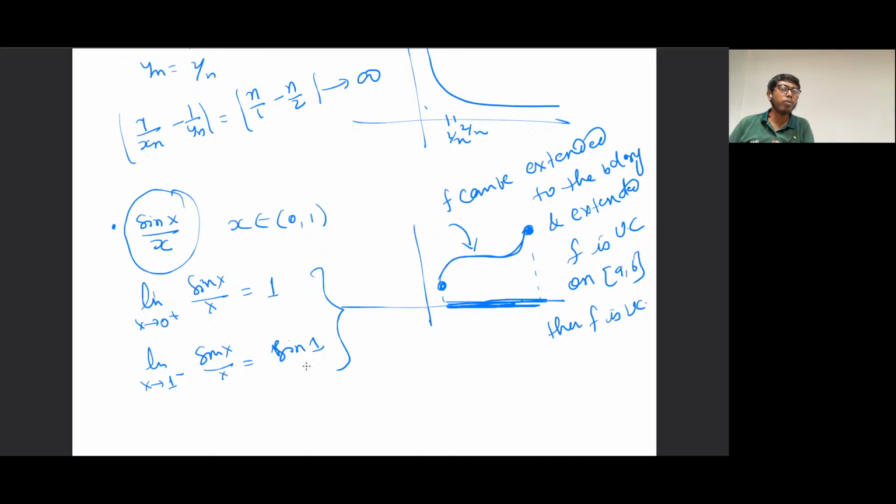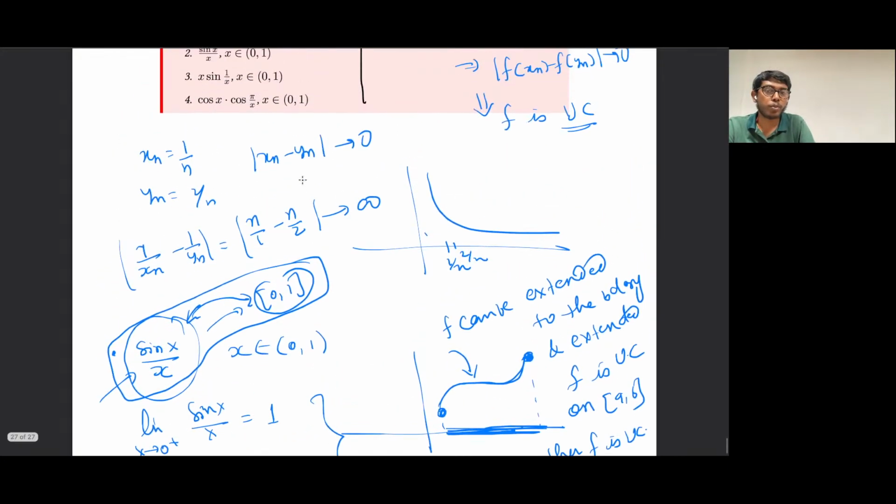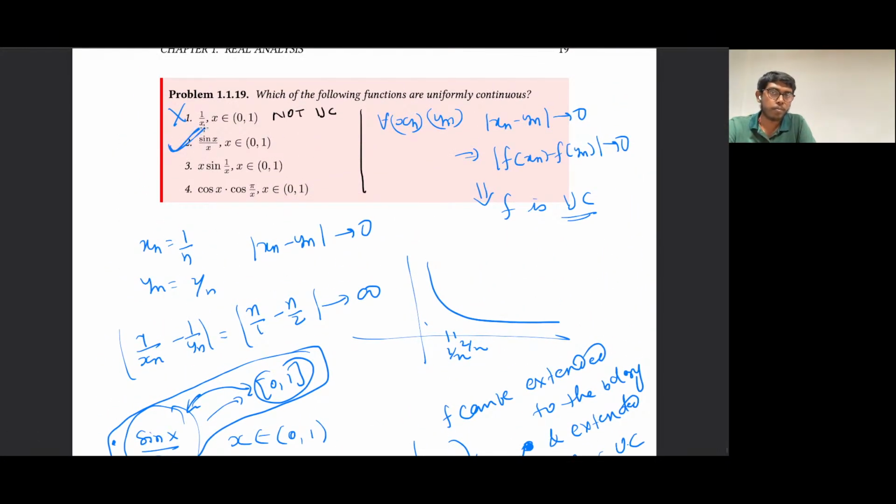Now it's an easy check, because a continuous function on a compact interval is uniformly continuous. Hence this function is also uniformly continuous. So this option is correct.